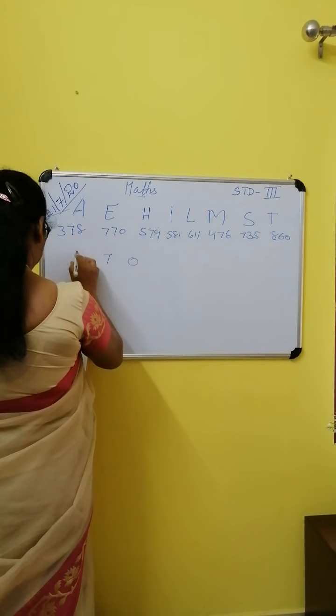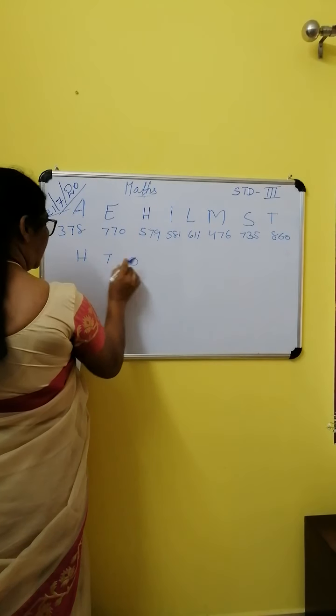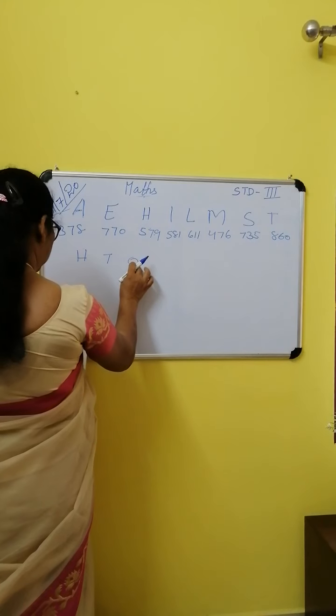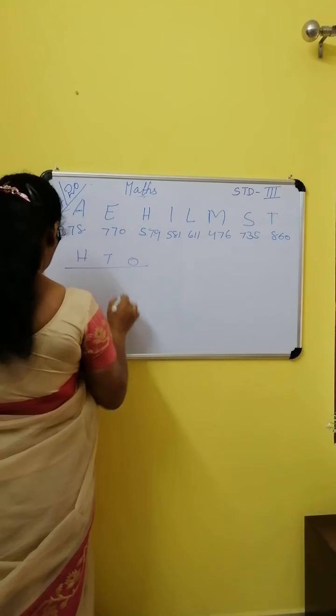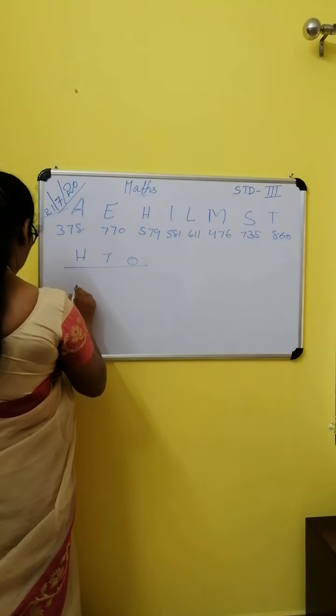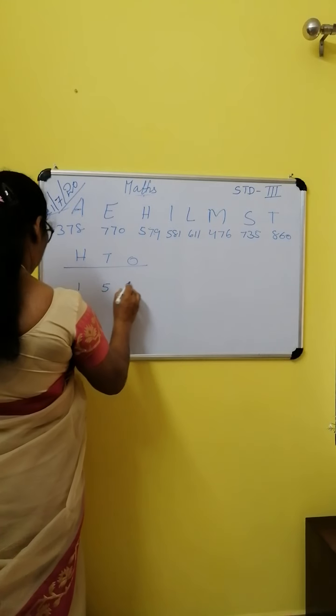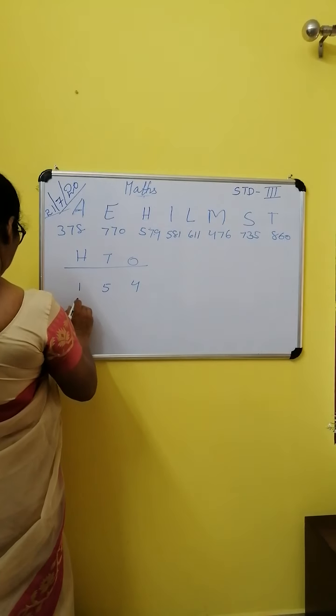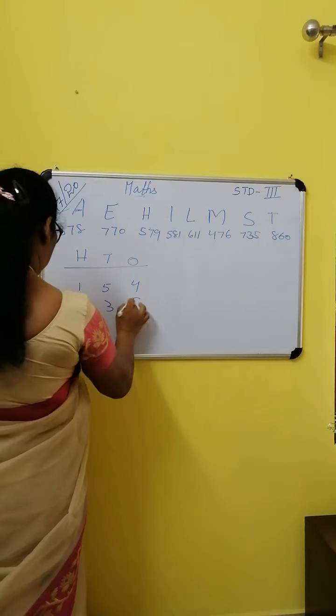Ones, tens, hundreds. Then here 154, 138.